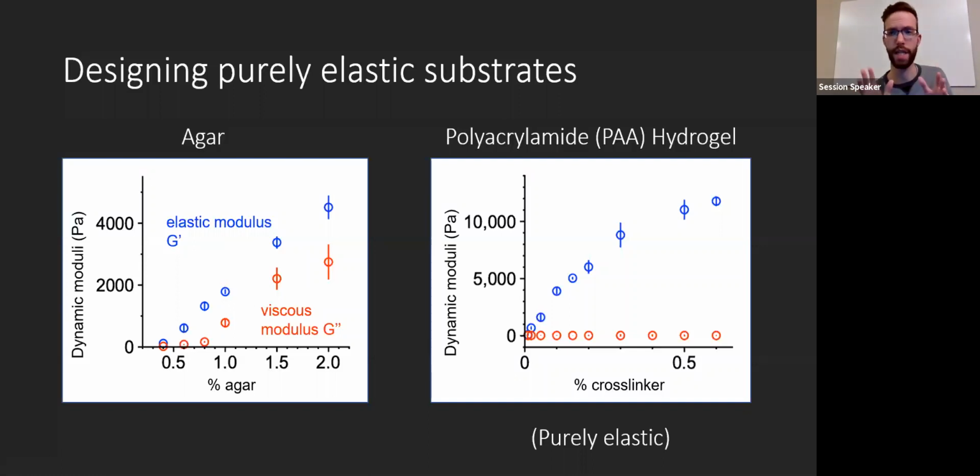If we want to isolate just the effects of stiffness, it would be helpful if we could design a purely elastic substrate, such as a polyacrylamide hydrogel, which, as you can see here, as the stiffness increases, we actually have almost zero viscous dissipation, which suppresses the number of variables that we're changing with stiffness.